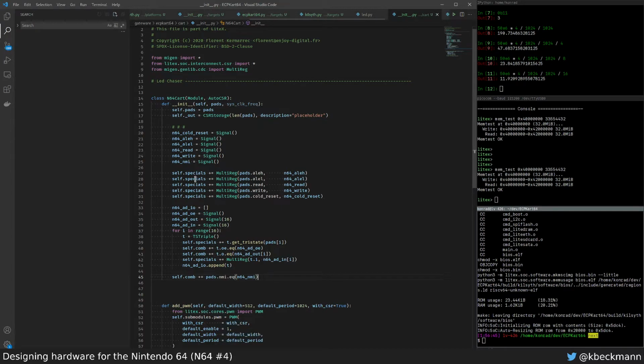Now we have a local... Everything is prefixed with N64, and we have local signals, and they are then connected to the real world, or the other way around. So I think that is a good starting point.